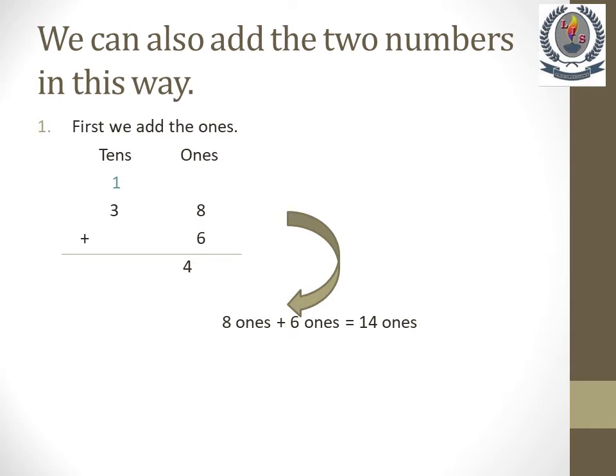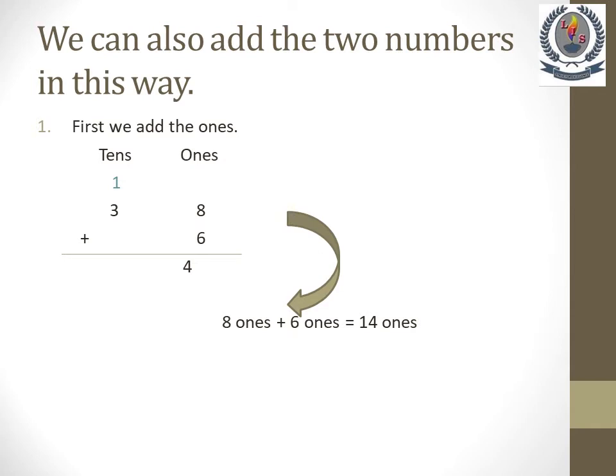This is called regrouping ones into tens and ones. When we have 14 ones, we regroup the ones by writing it as 1 ten and 4 ones. We write the 4 ones under the ones column, but we carry over 1 ten to the tens column.